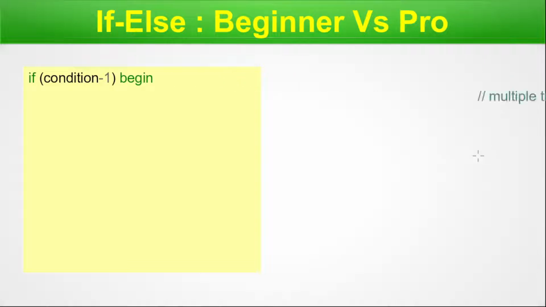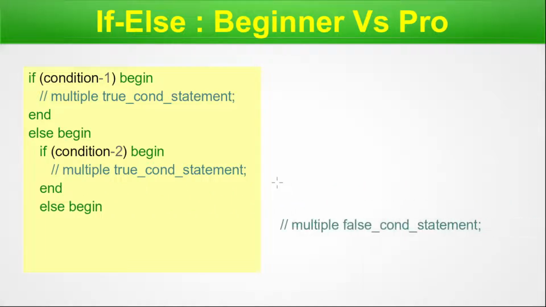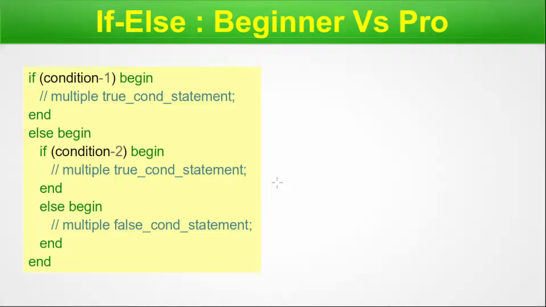If condition 1 begin, then we have multiple statements followed by end the begin one. Else begin, then inside that we have a nested if condition 2 begin, and then we have the multiple statements end, then else we have again the begin and multiple statements and end, and finally end the initial begin. This is a very beginner like coding which I suggest you should use at the first so that you don't make a mess with the code.